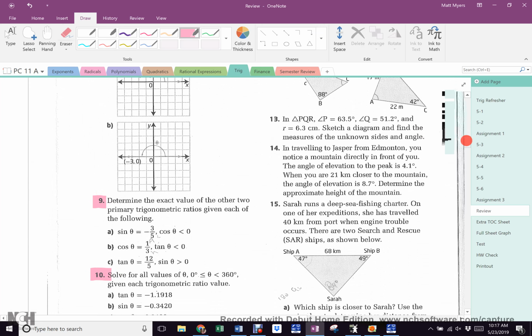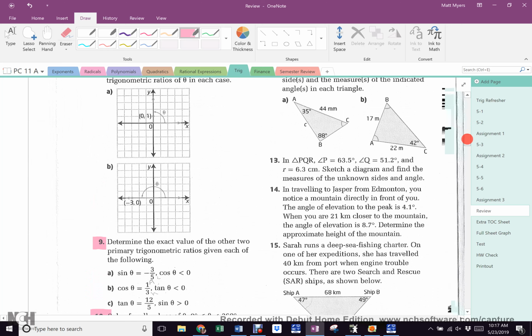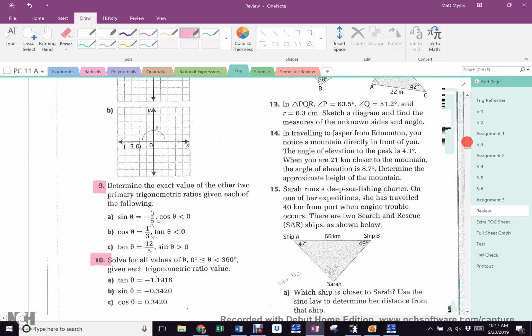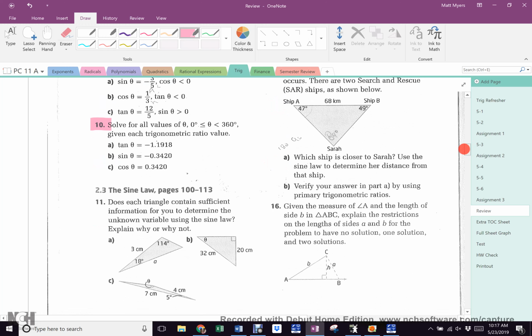You better do 10. You better do 14. You better do 15, even though it is half done.